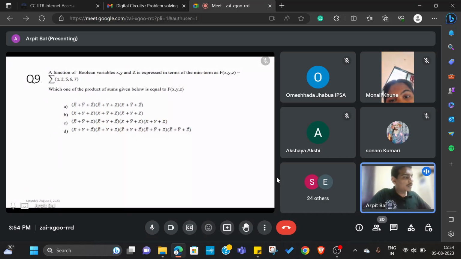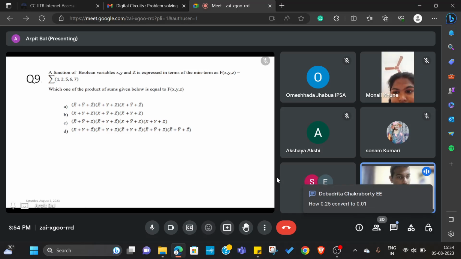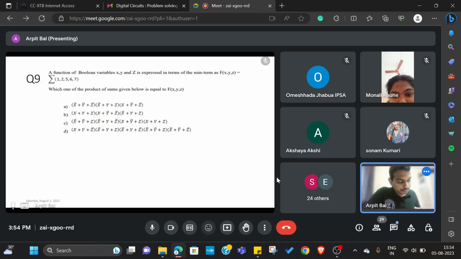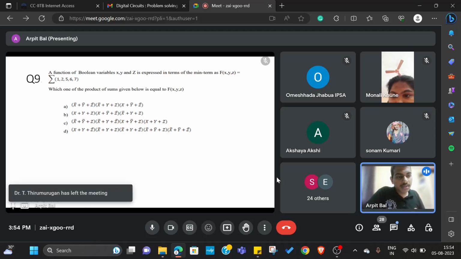Okay, moving on to the next question. A function of Boolean variables x, y, z is expressed in terms of minterms, and one option is how 0.25 converts to 0.01. I converted it in my mind: 0.01 means it is 2 to the power minus 2, right?